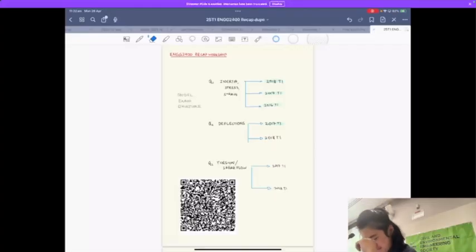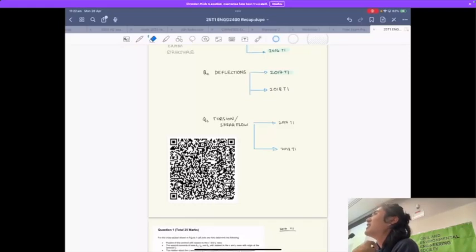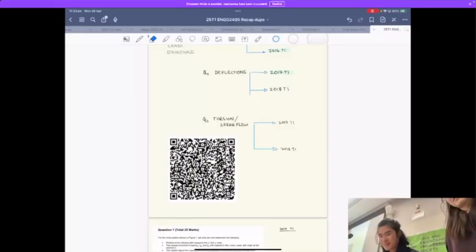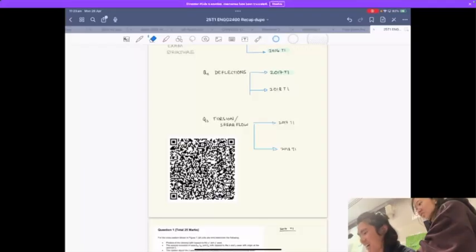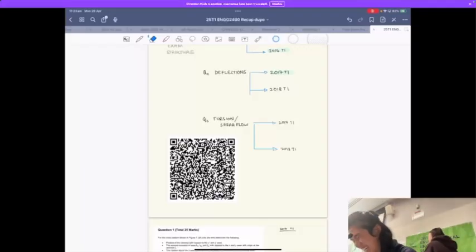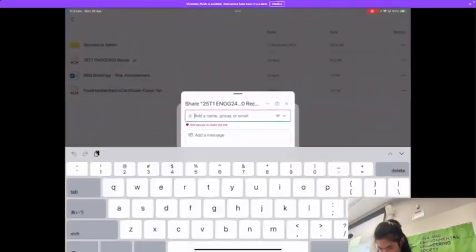Okay. If you want a copy of my notes, I have the QR code here. Ask for a code? Okay, I'll send you. Gmail. It's gonna get like hundreds of emails. Oh dear. Oh yes, I'm getting a lot. Okay, stop. Let me try and see if I can.